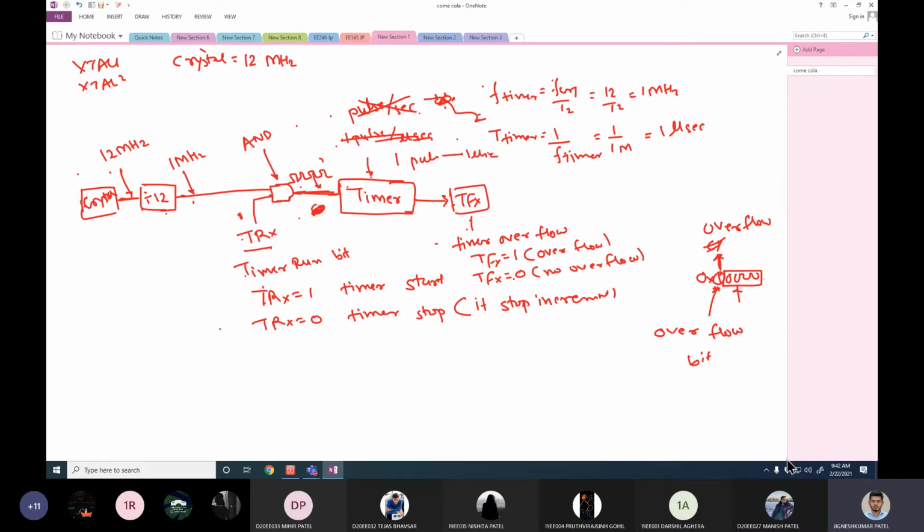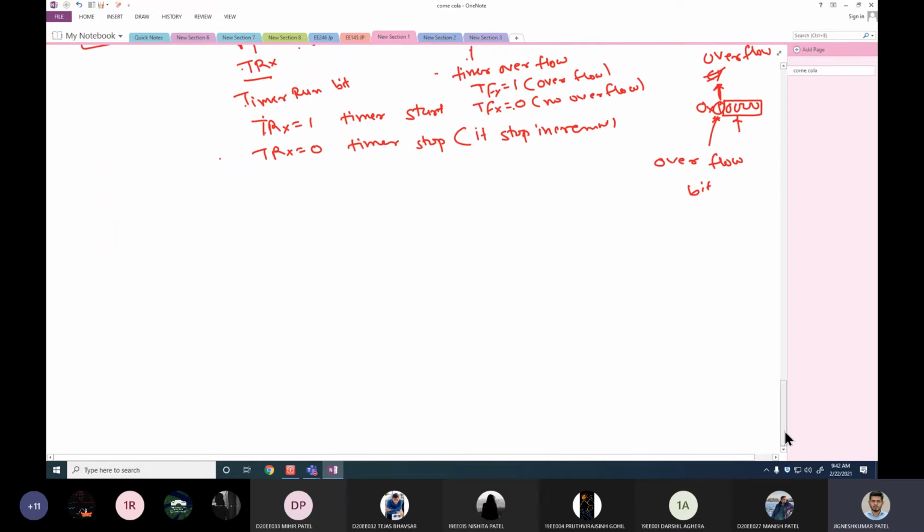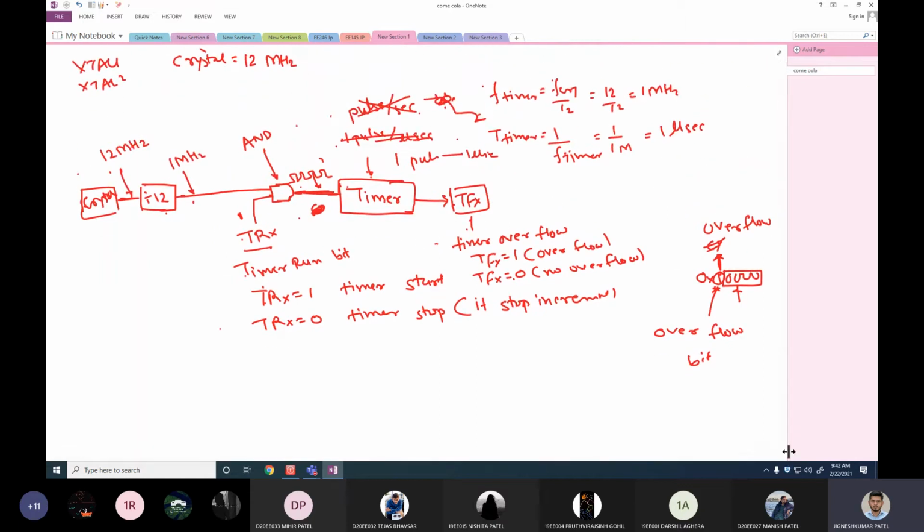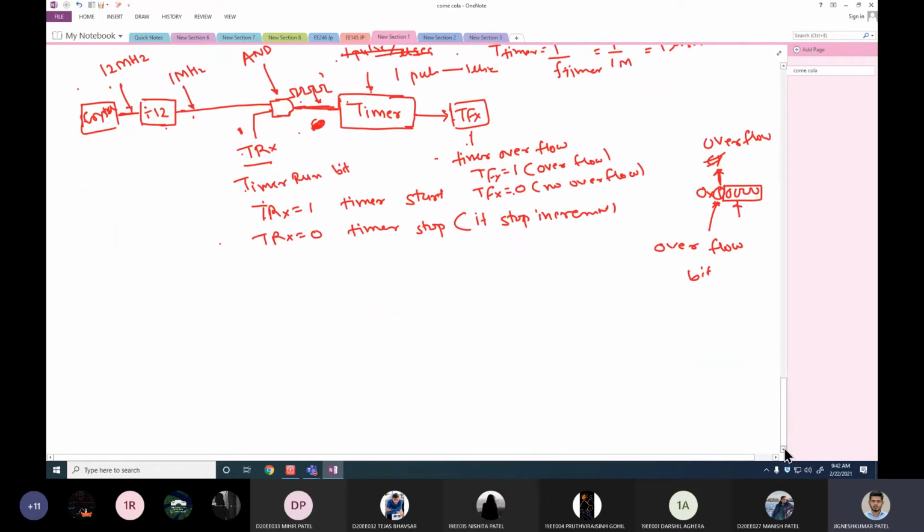The TFX bit is very important because we are calculating the number of pulses coming in from this signal. We started with 0000 and reached FFFF, and then I provide one more pulse. It will overflow, and it comes back where we started.